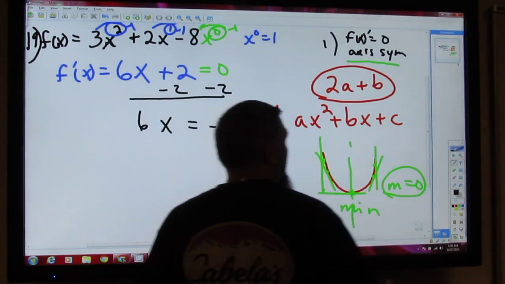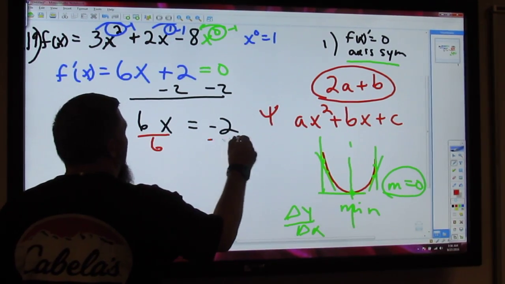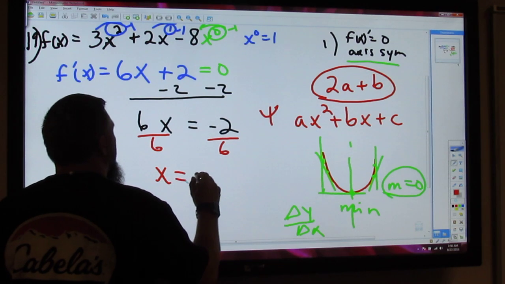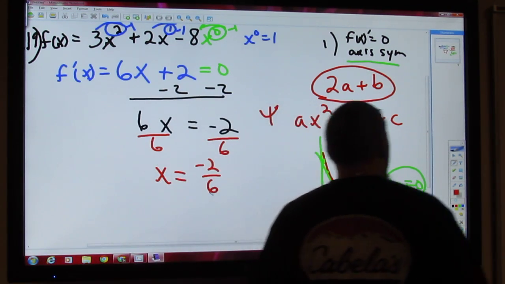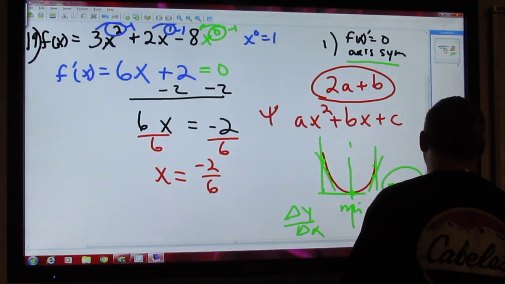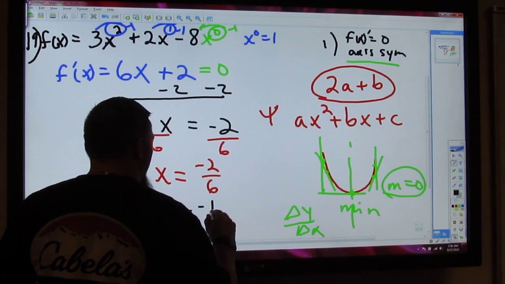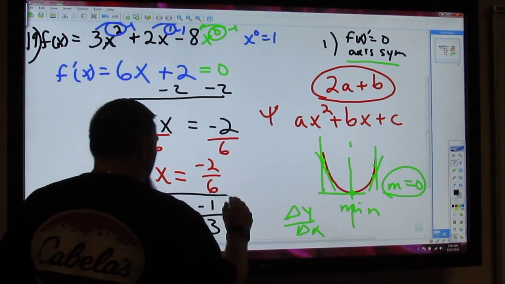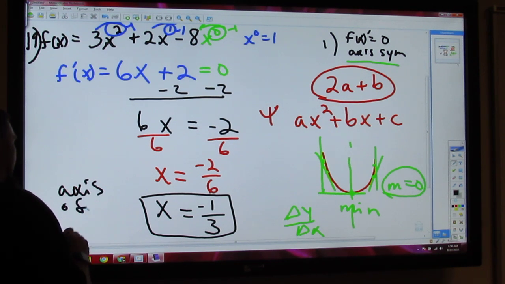Then divide by 6 on both sides. I get x is equal to negative 2 over 6. I reduce that to x is equal to negative 1/3. And that is my axis of symmetry.